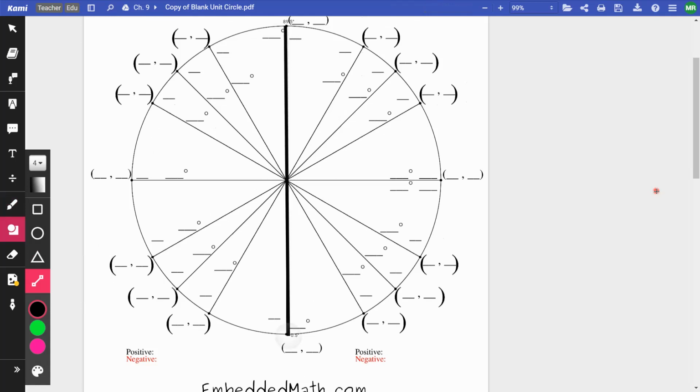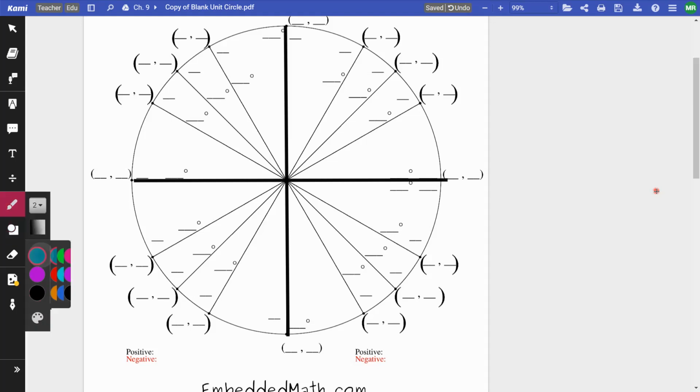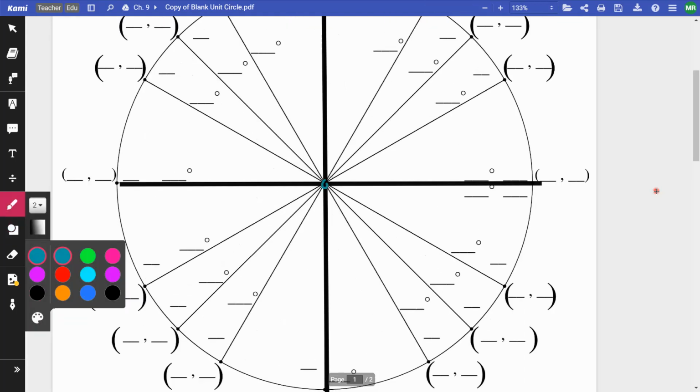That is our y-axis. This going across is our x-axis. That center, the very center right here, is going to be 0, 0. That's our origin. That's what that point is.